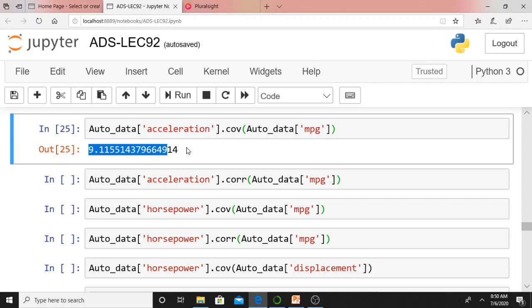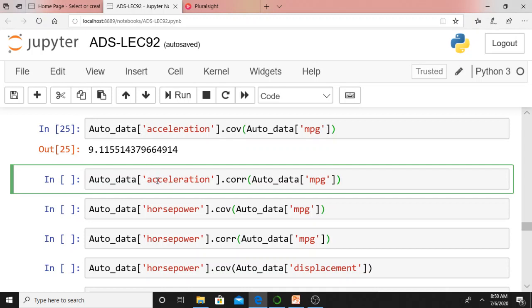In order to overcome this difficulty, we learned correlation. Let's calculate correlation between acceleration and miles per gallon. Just see this simple code: acceleration and mpg, miles per gallon. Earlier we were calculating covariance. Now we are using corr, which means we are calculating correlation.